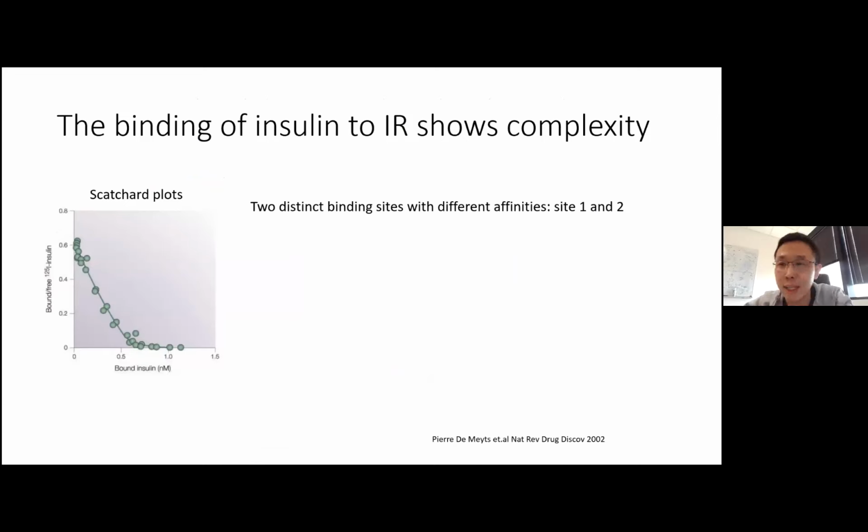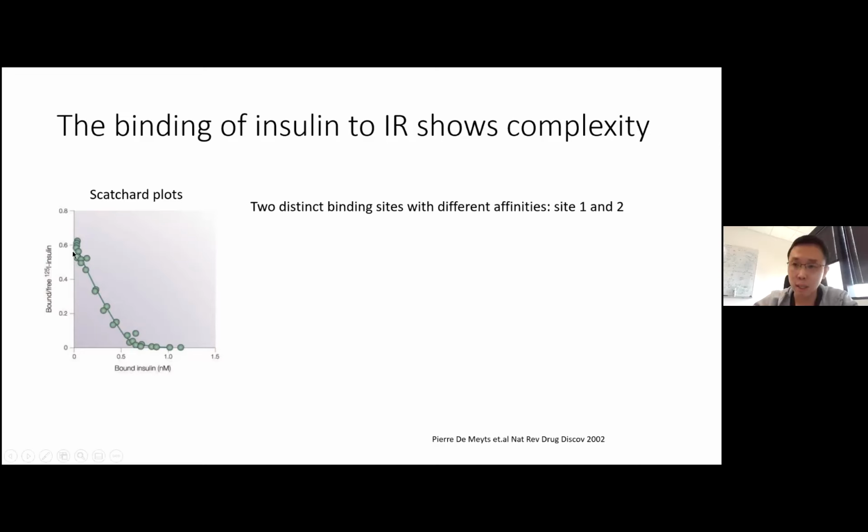Another complication in the insulin receptor is that when insulin activates the receptor, people have shown that the binding between insulin and receptor seems to involve a lot of complexity. For example, people did this competition binding experiment almost 50 years ago. This scatter plot is a competition binding experiment.